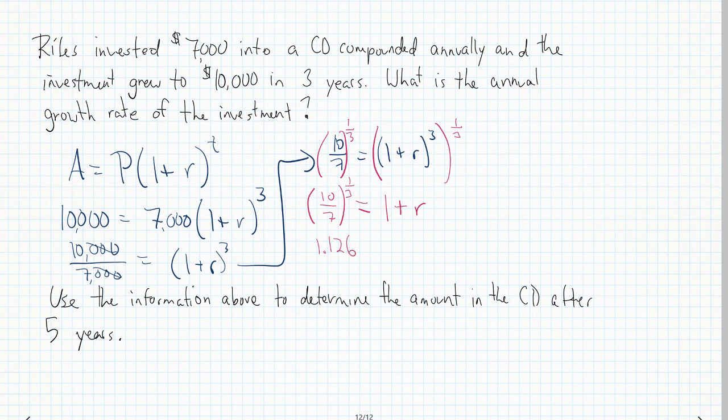1.126, which is approximately equal to 1 plus R there. And so in that case, we can subtract 1 from both sides, and that means our R is approximately 0.126. So that means our R is approximately 12.6%.